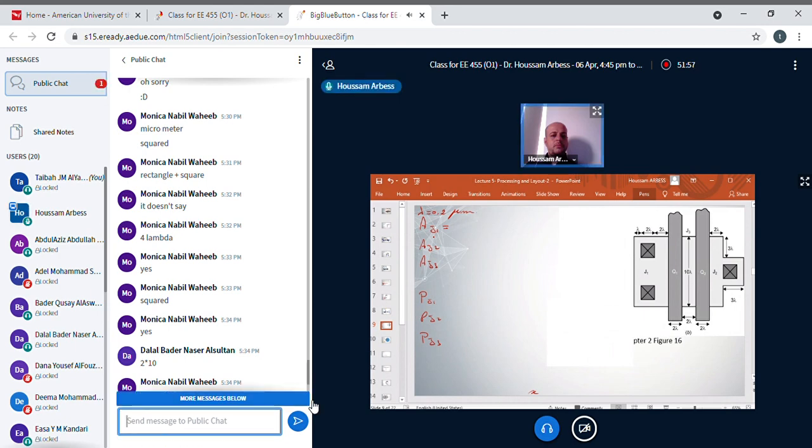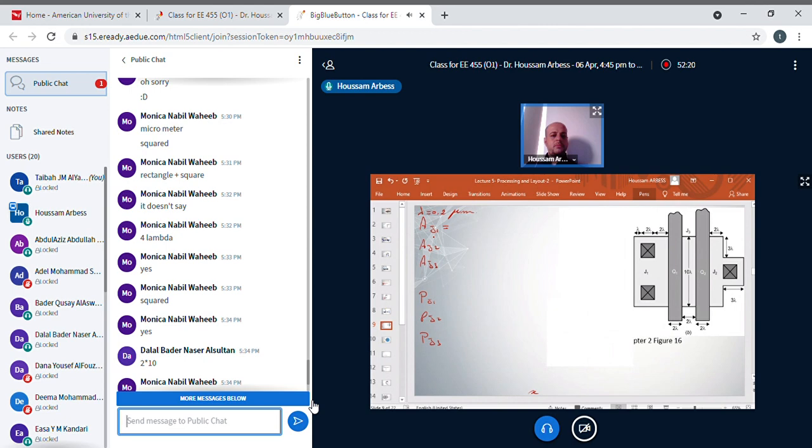Perimeter of J2, well, here it's a little bit more complicated because we have a lot of edges. So it's equal to 2 lambda plus 3 lambda plus 3 lambda plus 4 lambda plus 3 lambda plus 3 lambda plus 2 lambda.